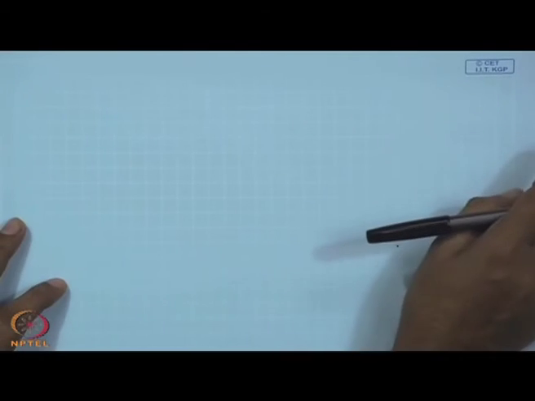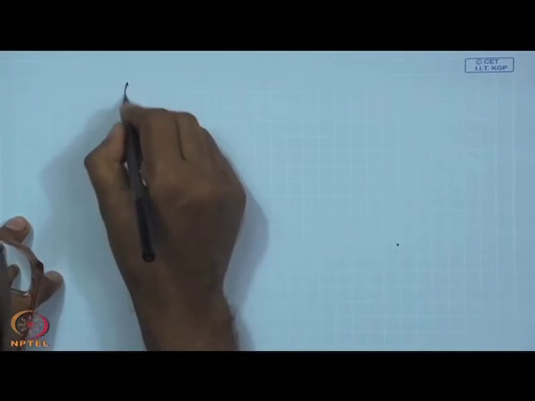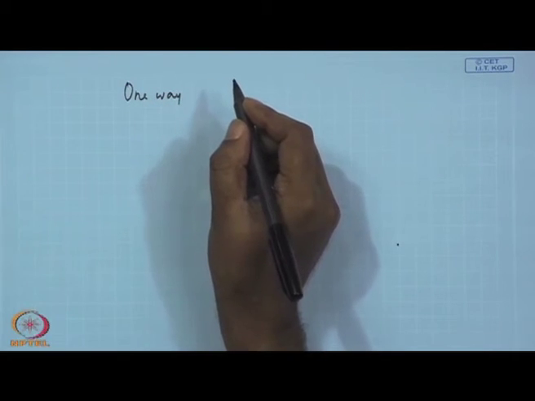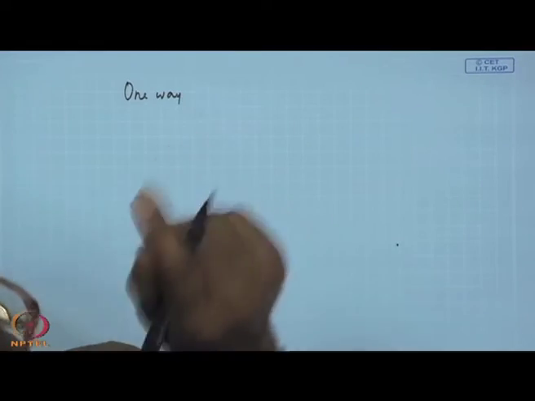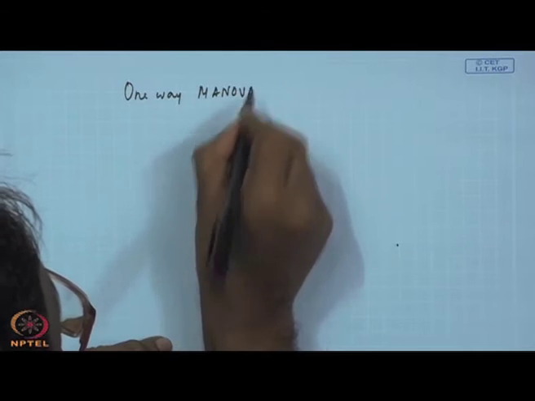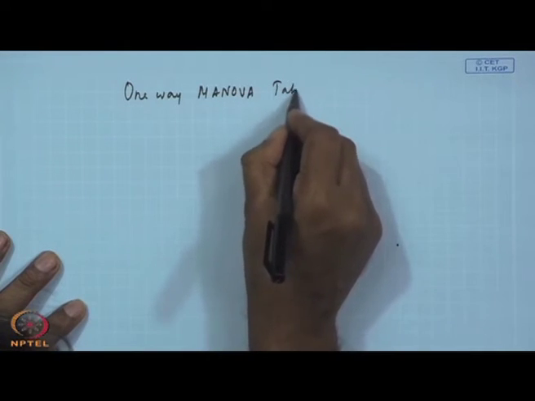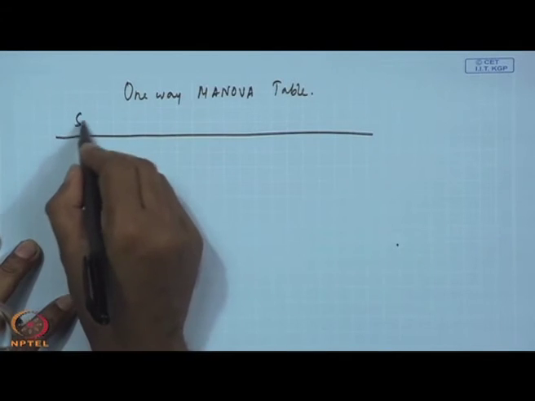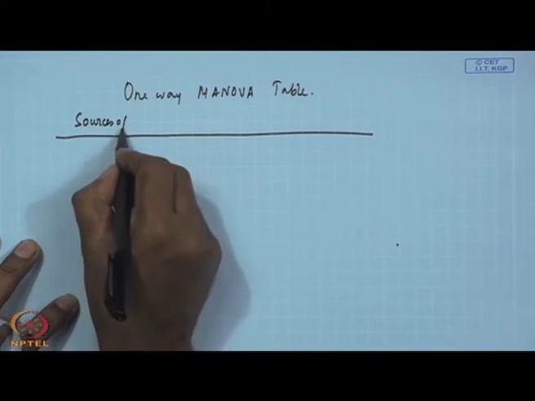Please remember, this is one way MANOVA. We are talking about one way MANOVA because we have taken only one kind of population, population 1 to population L, not some other kind of factors. In this table you have to write down the source, in a similar manner, sources of variation.